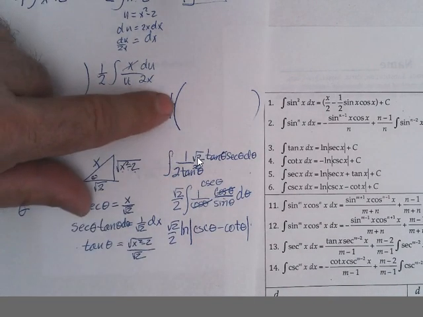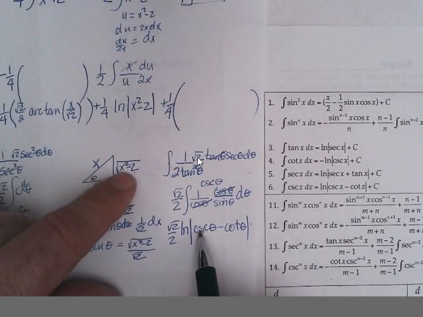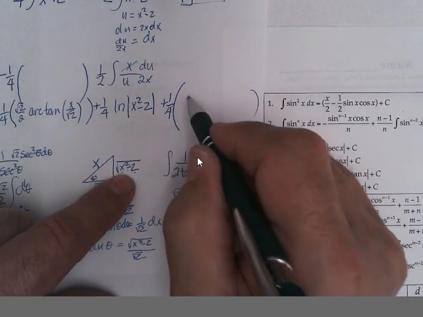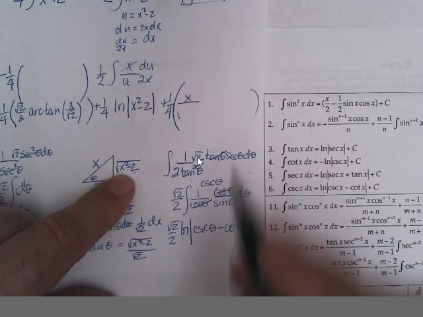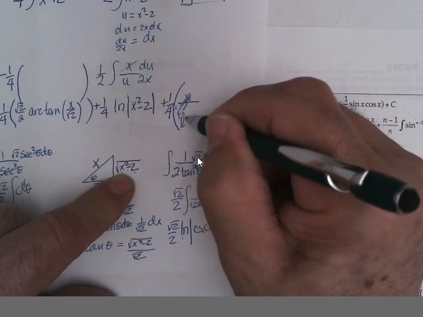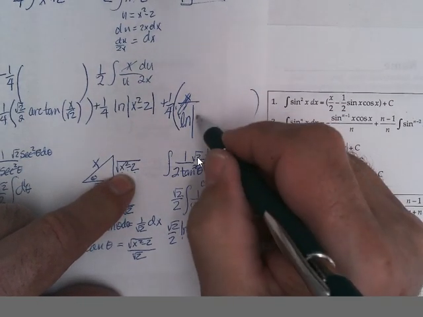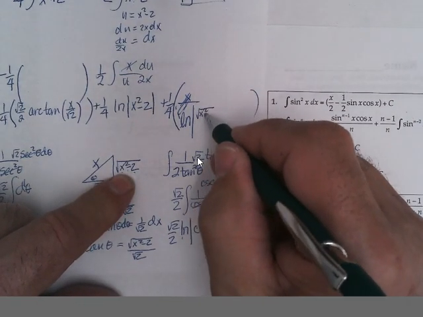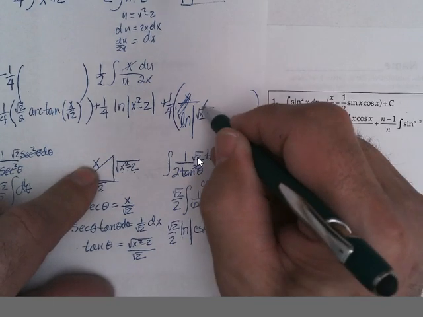And so now to go back to x, the cosecant is not the sine, but the reciprocal, so it's going to be x over that. Oh, ln, I forgot the ln. ln, absolute value, cosecant is square root of x squared minus 2 over, no, x over that.